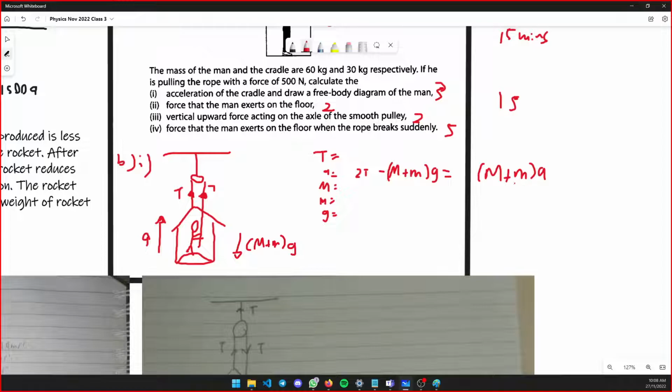So that's 2 times 500, up and down, minus (60 plus 30)g equals 90a. End of the day, I think a equals 1.30 m/s². So did you both get this value?